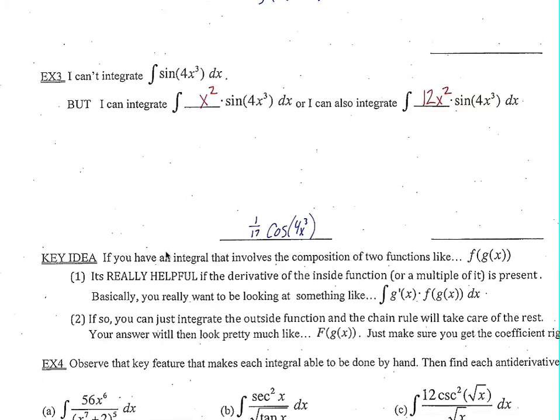This will be a 1/12, and the negative is going to go out in front, so that when we take the derivative of the cosine, we don't get negative sine x, we get our positive sine x that we're looking for. This one here, again, will be cosine 4x cubed plus c. Oops, I forgot my plus c over here.